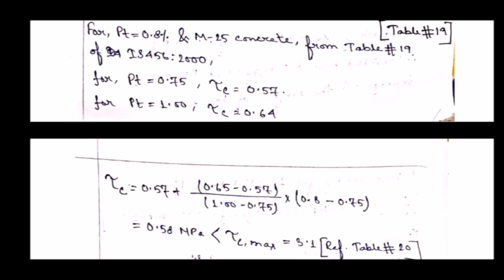The value of tau c max is given in table number 20 of IS 456:2000. For M25 concrete, the maximum value of tau c, that is tau c max, is 3.1. Our tau c is 0.58, which is less than tau c max, so this is okay.